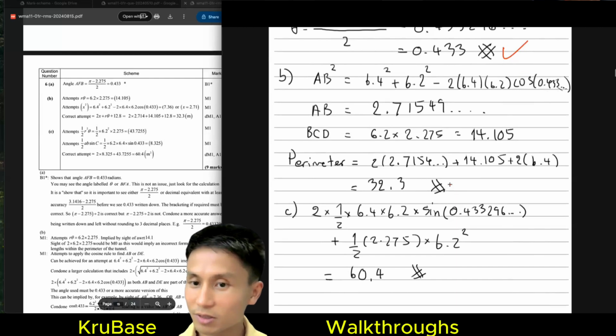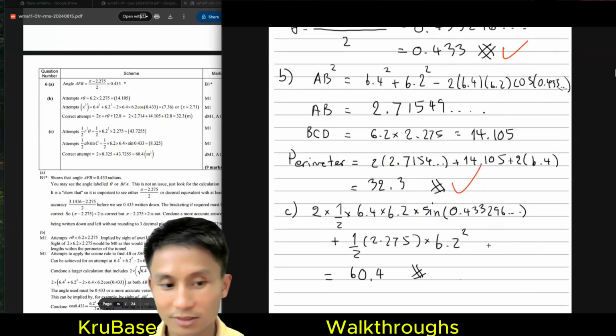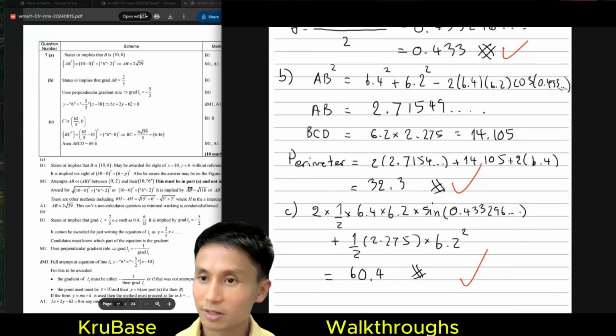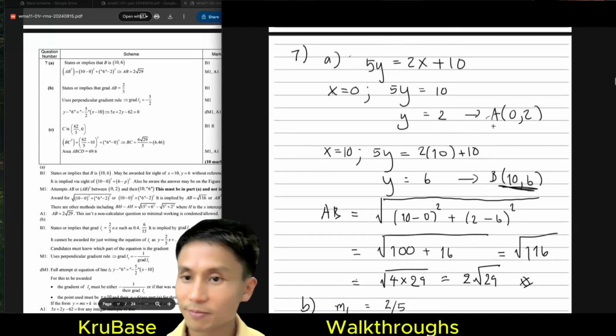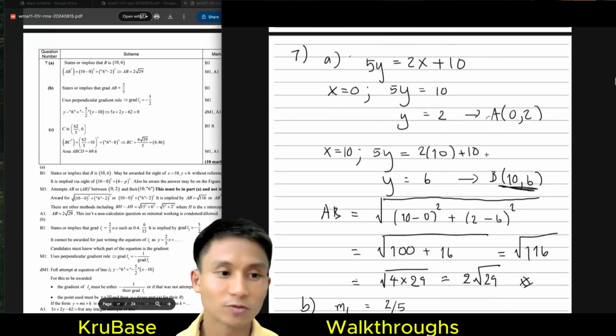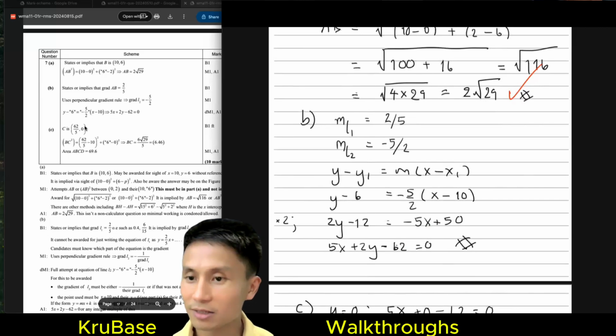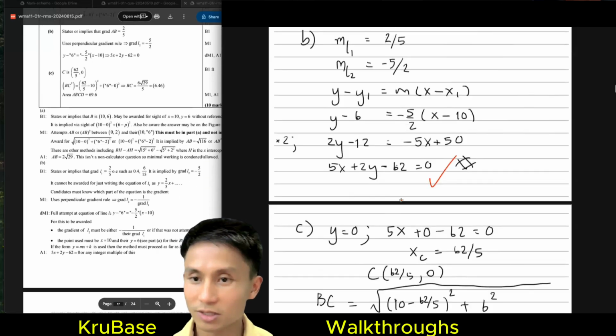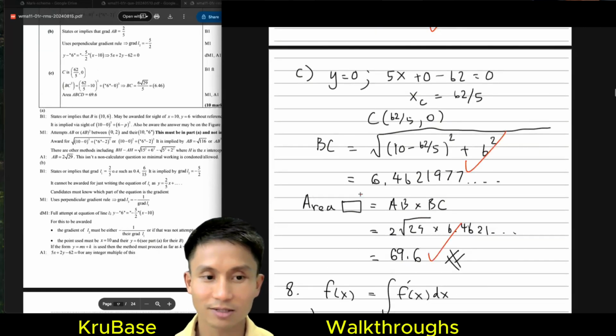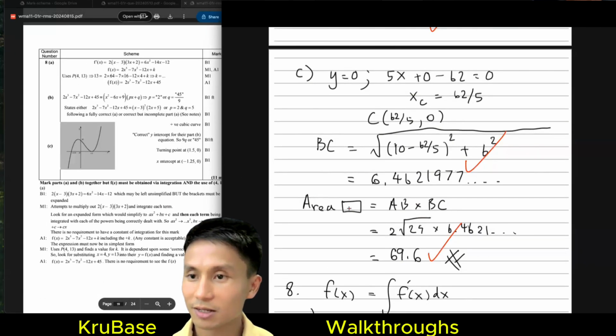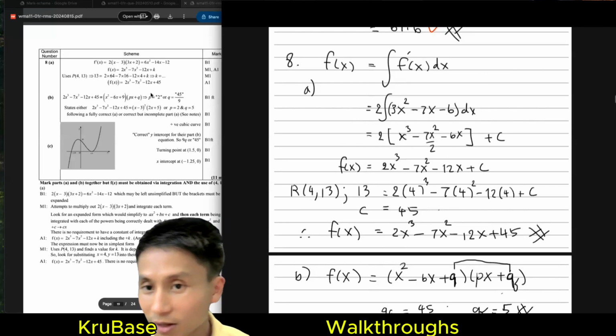And then perimeter. 32.3, 60.4. Number 7. We have 2 root 29 here for A. And that is for the linear equation. And this one is nice. I got it.